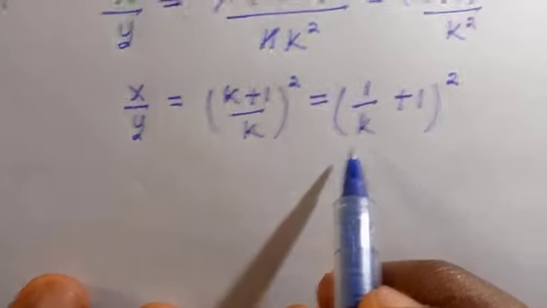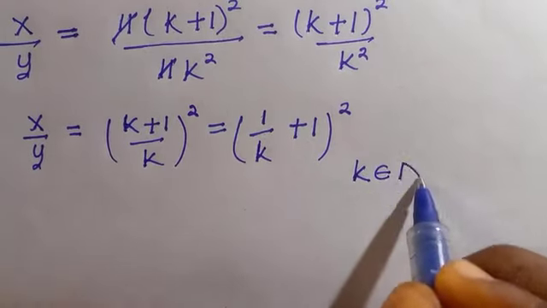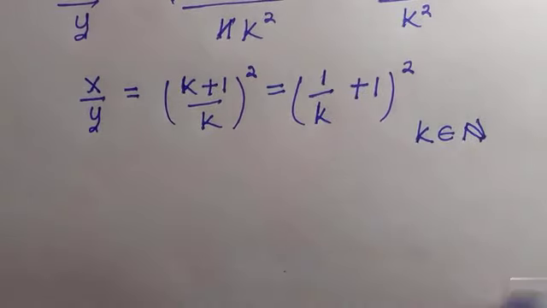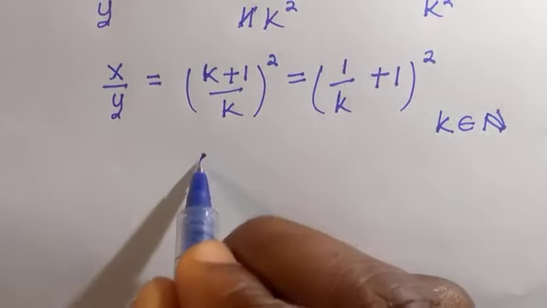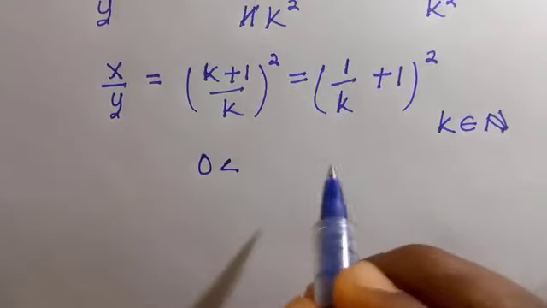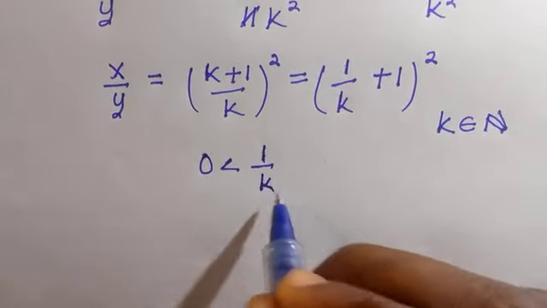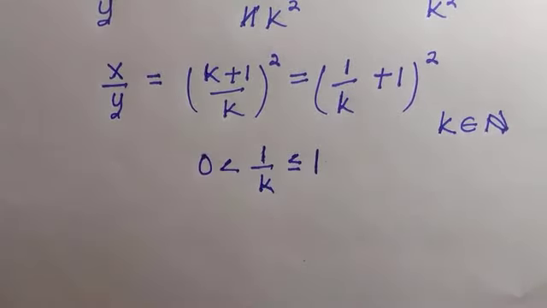We should know that since the value of k here is a member of the natural numbers, k is not equal to 0, since natural numbers start from 1. Then we have 0 less than 1 divided by k, and this 1 divided by k is less than or equal to 1.